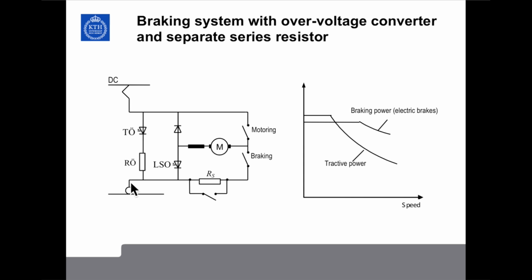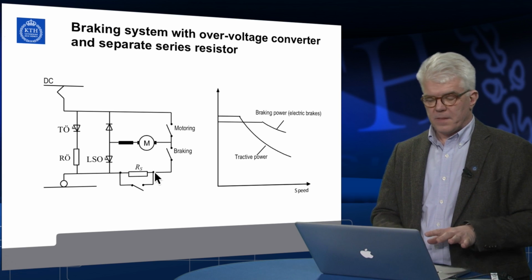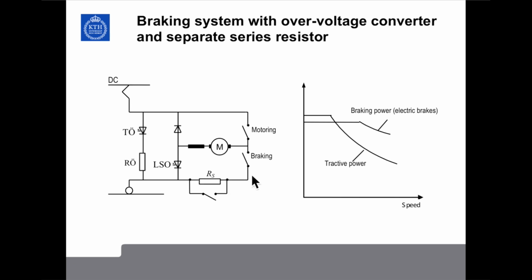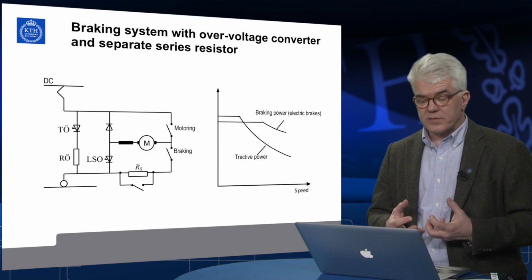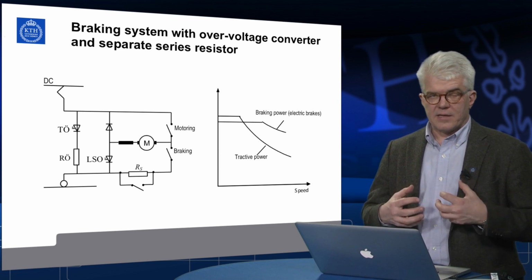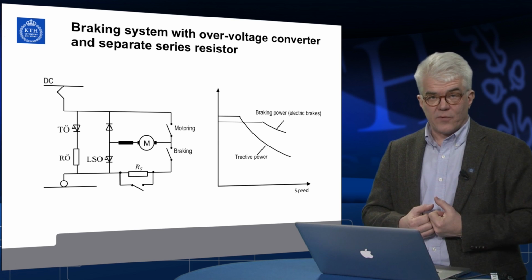If the current is going backwards, you will get a voltage drop across this resistance RS, which means that this potential here will be below 0. That, of course, will generate a higher voltage across the motor. If it's 750 volts here, and if it's a negative voltage here, the voltage across the motor will be higher than 750 volts. And, of course, it will provide us with a higher braking force.